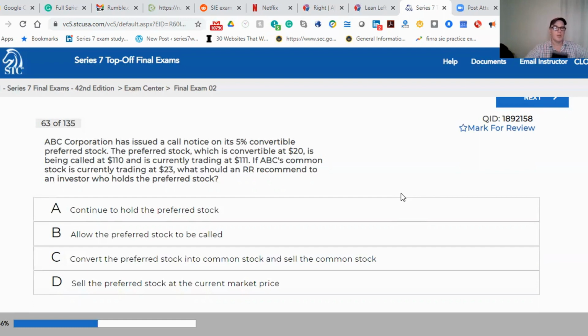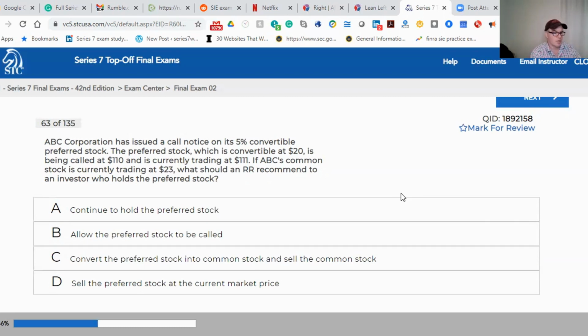So the preferred stock is convertible at 20. The first thing I do is 100 divided by 20, par divided by 20. That gives me 5 shares for every convertible preferred stock. Now, what should I do?